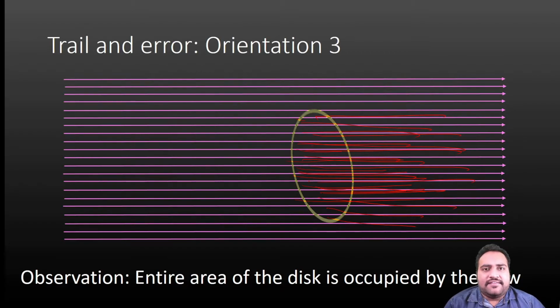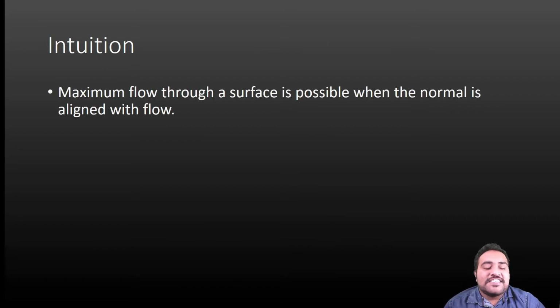In that case, at each point, the flow should be in line with the normal. Only then is maximum collection or maximum flow through the surface possible. Now, what can we intuit from this? We can see that the maximum flow is possible when the normal is aligned with the flow.